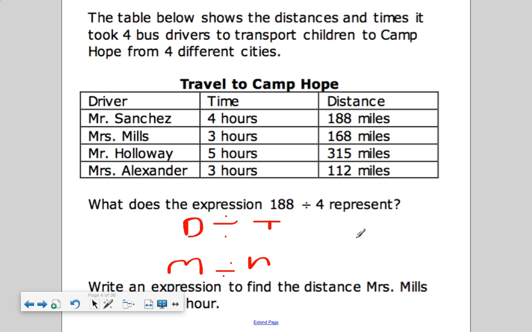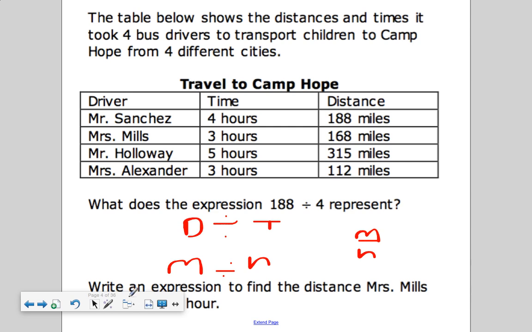Why are we doing that? Miles per hour. I would like to know how many miles these drivers drive per hour, for 1 hour. So this will represent Mr. Sanchez. We are going to figure out how many miles he can drive per hour.